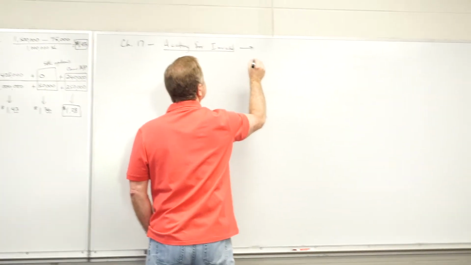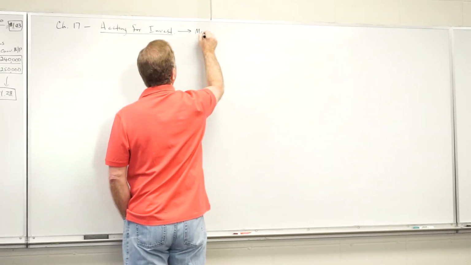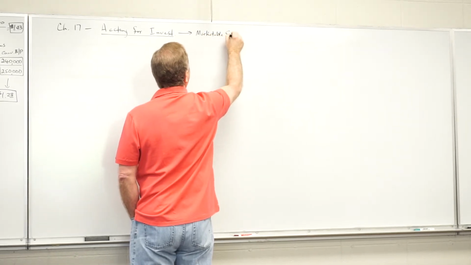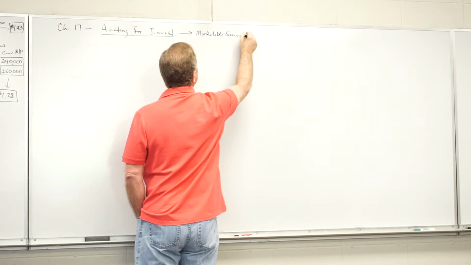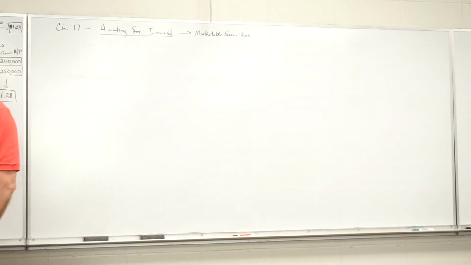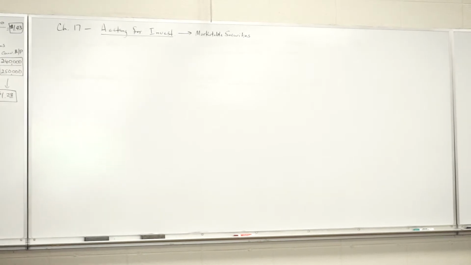First of all, in this chapter, these have got to be marketable securities. And what do we mean by marketable securities? That means they have to be readily traded on an exchange. You have to be able to determine the market value.